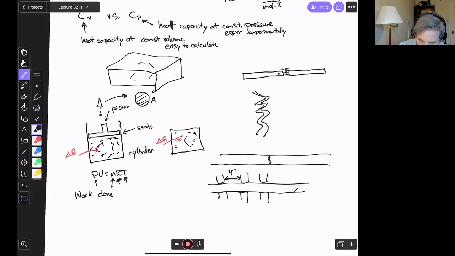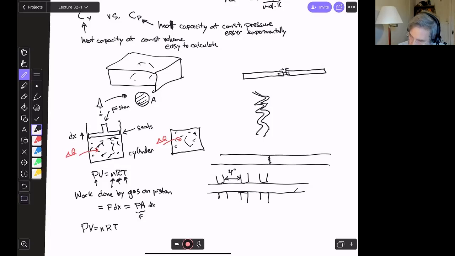So work done by gas on piston. So when we add that small amount of heat, it's going to push the piston up by a small amount. We're going to work with really tiny amounts, so let's call it an infinitesimal amount, dx. So the work is the force exerted by the gas times that displacement. The force, in turn, is equal to the pressure times the area, right? That's the force. And we still have that factor dx. Now we're going to use PV equals nRT, the ideal gas law.